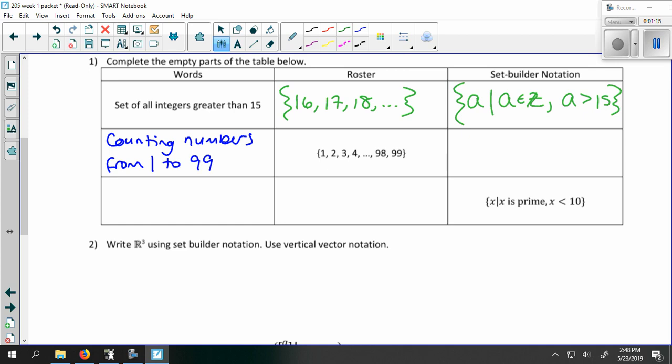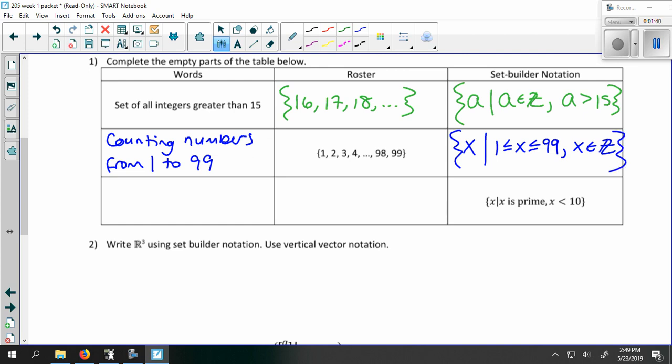And in set builder notation, I would say it's the set of all numbers x such that x is between 1 and 99, so 1 is less than or equal to x is less than or equal to 99, and x is an element of the integers.